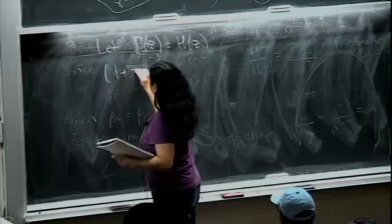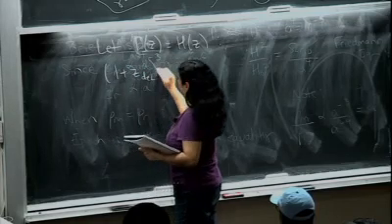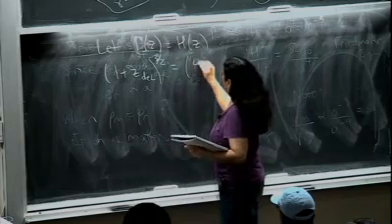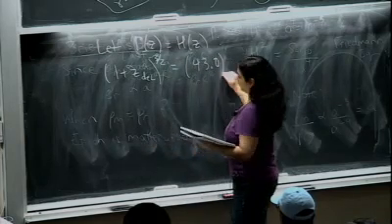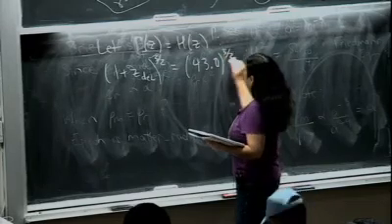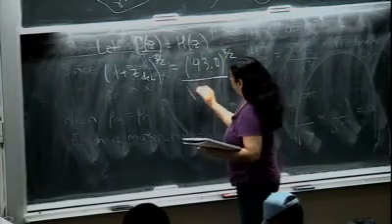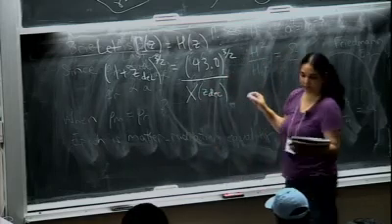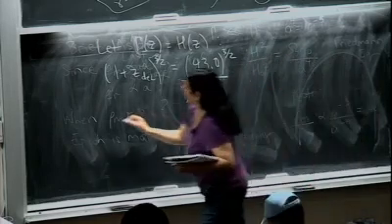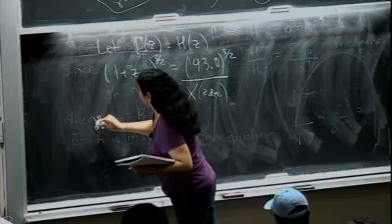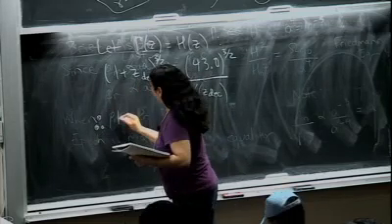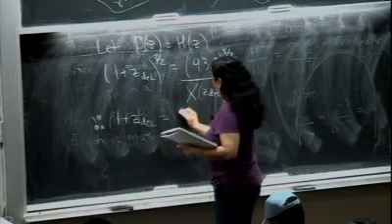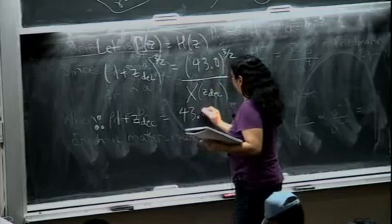Then I get (1 plus z decoupling) to the 3/2 equals 43 to the 3/2, and then my x factor as a function of z decoupling here. Therefore, my 1 plus z decoupling equals 43.0.